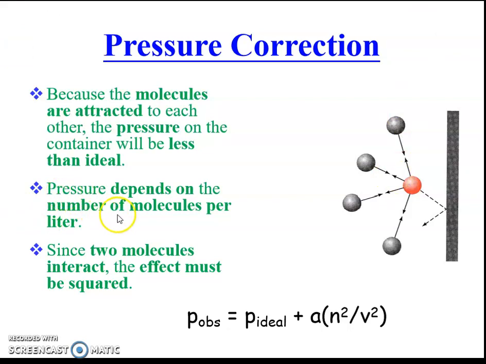As the pressure depends on the number of molecules per liter, it is proportional to n by V. Also, since two molecules interact, the effect must be squared. That gives us n square by V square, multiplied by a proportionality factor called a, which is known as the van der Waals constant. Thus, the corrected pressure will be the observed pressure plus a into n square by V square.